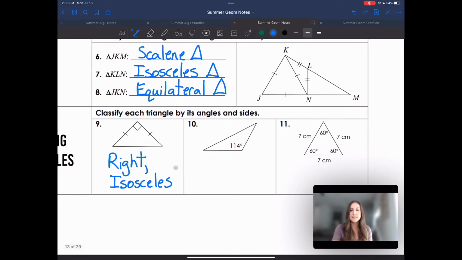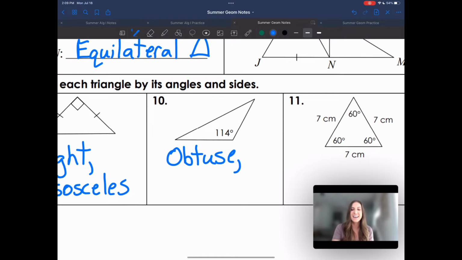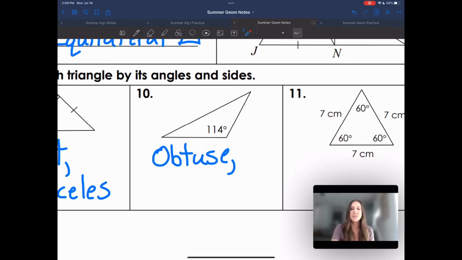Okay, number 10. Based on its angles, look at this one they give us. They actually give us the angle measurement, and it is greater than 90 degrees, 114, so we know this is obtuse. So obtuse, and let's talk about its side lengths. Now, this is a little tricky, because if you look at number 10, you might want to go like this and be like, wait, these are the same, because they really, really look like they are. Be very careful with that, guys.